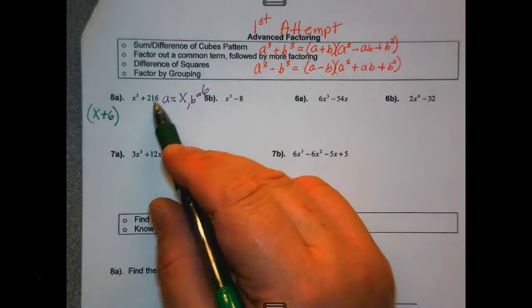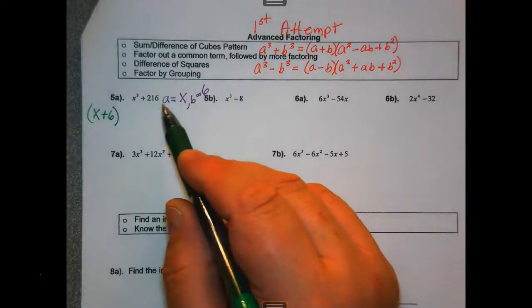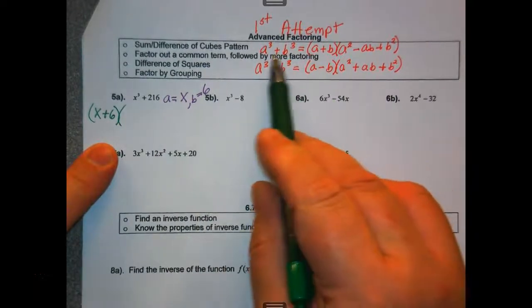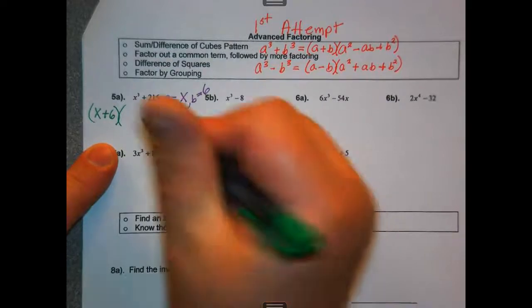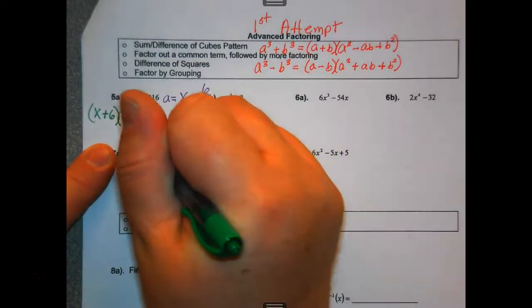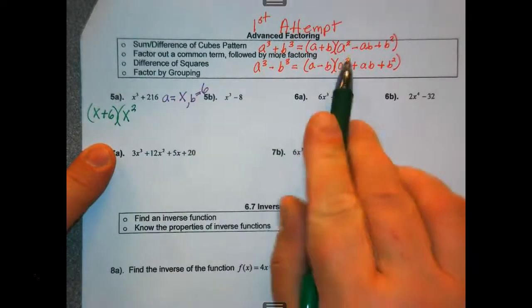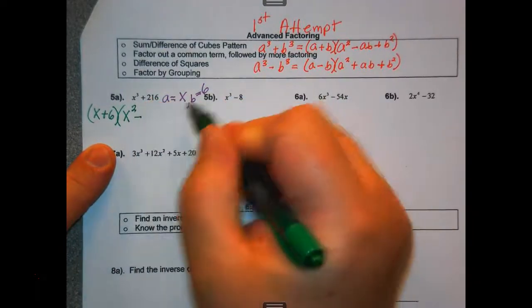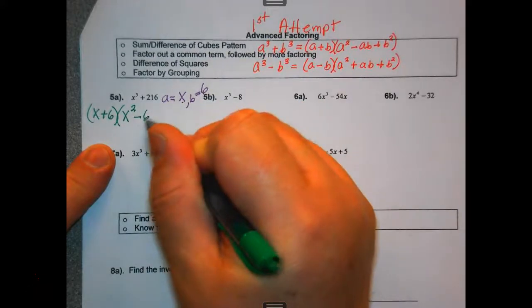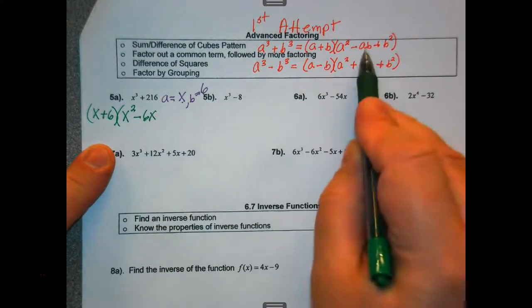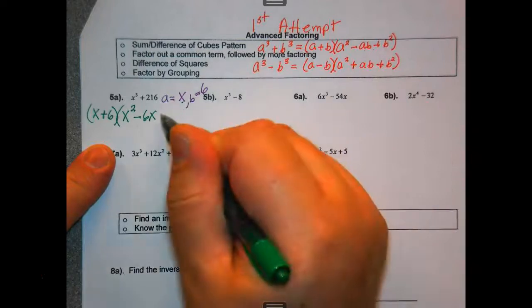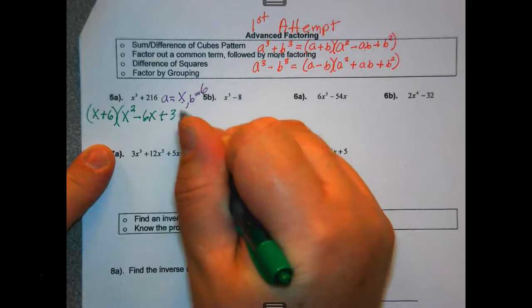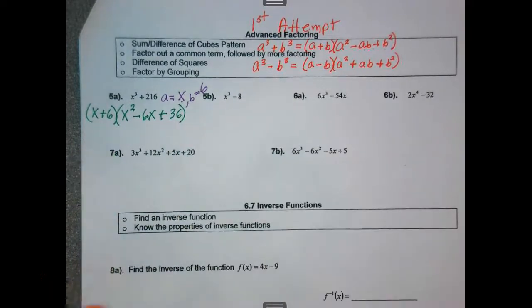You can't do it without having a perfect cube. Then A squared minus A times B plus B squared, and 6 squared is 36. There's my answer.